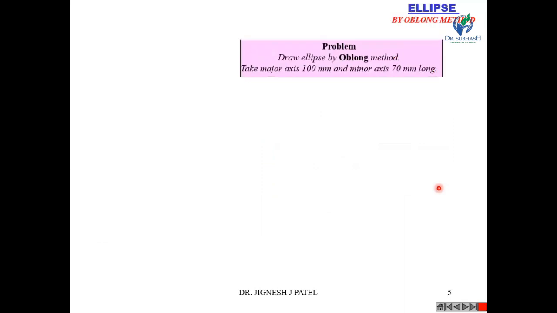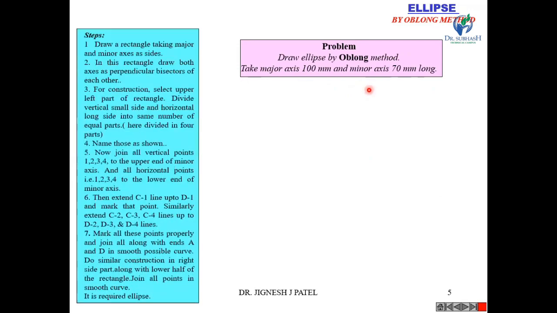Now, the next method is the oblong method. Draw an ellipse by the oblong method. Take major axis 100 mm and minor axis 70 mm long. Oblong method means you have to construct one rectangle and draw the ellipse in the rectangle.